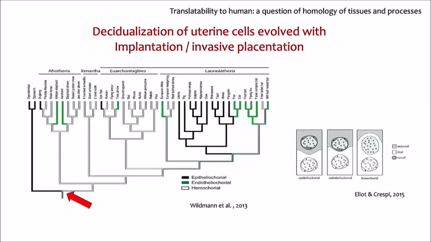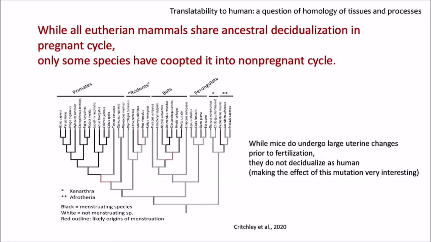We have this novelty here with the decidual cells, and these cells, as I mentioned already, are present. If they're not present in some mammals, they are secondarily not present, let's say so.